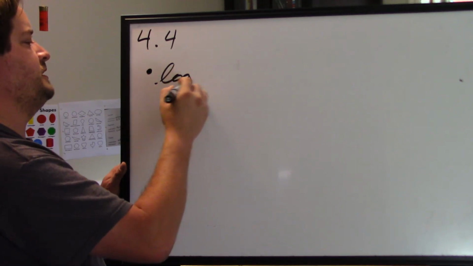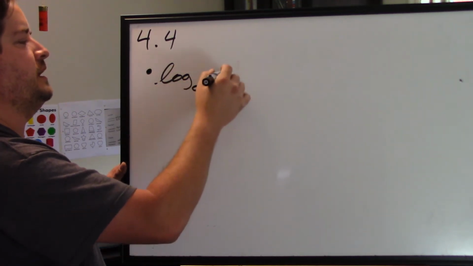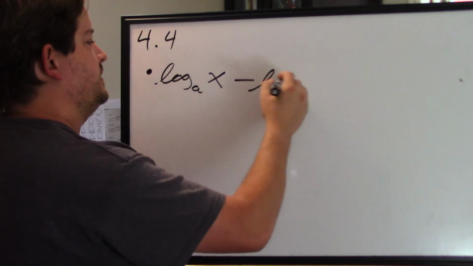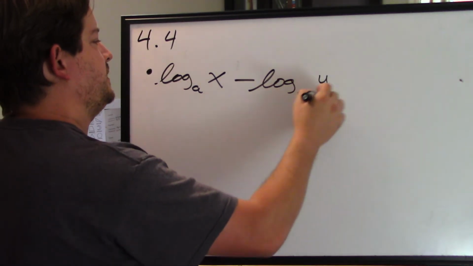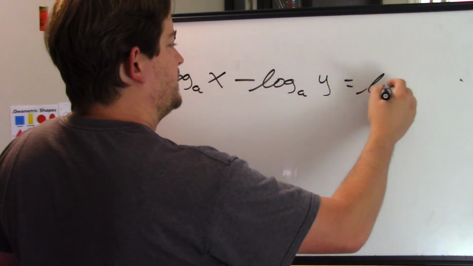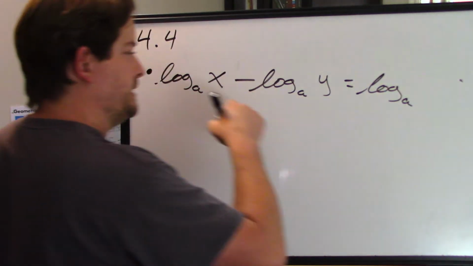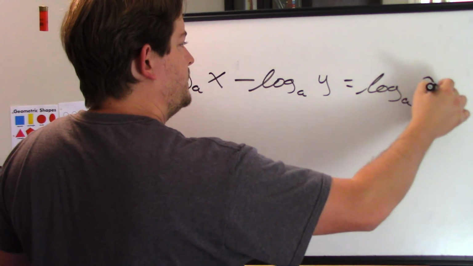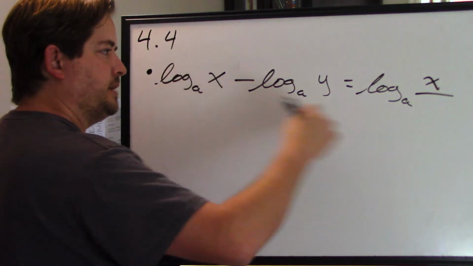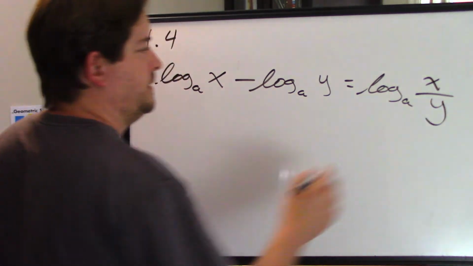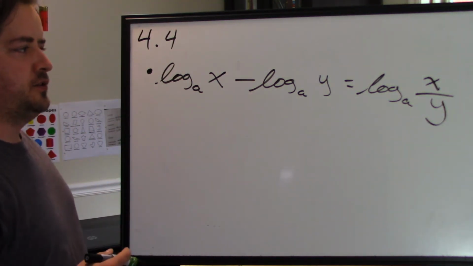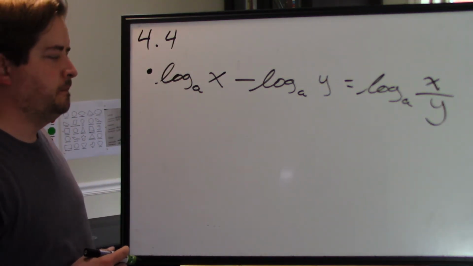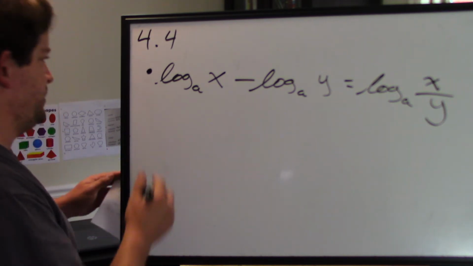Again, I have to have the same base, so the log base a of one thing minus the log base a of something else is going to be the log, same base, but whatever's positive ends up in the numerator, and whatever is negative ends up in the denominator. So I have the log base a of x over y. And we're going to use that on number 3.